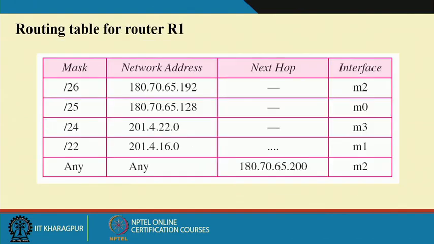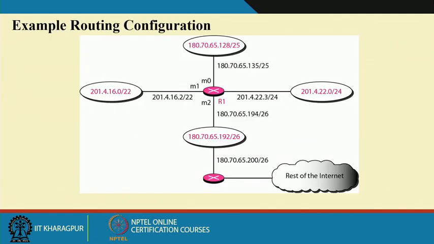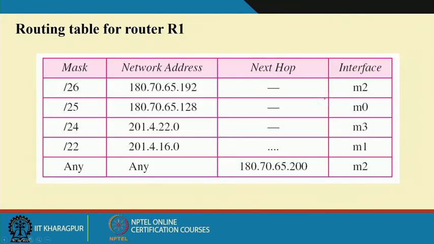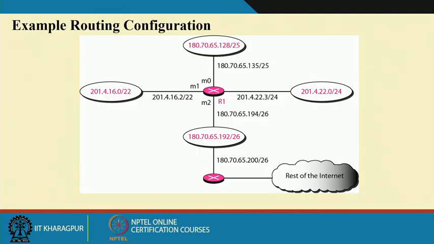Similarly, so and so forth. /24, 201.4.22.0, it is M3, right. So, this is the address where it goes to this network. The next is /24 in this network. Here it should have been M3; there is a typo here, M3 did not come up in this particular interface.